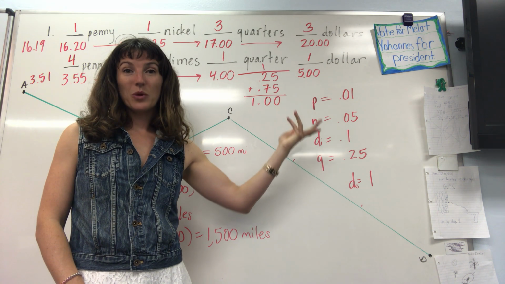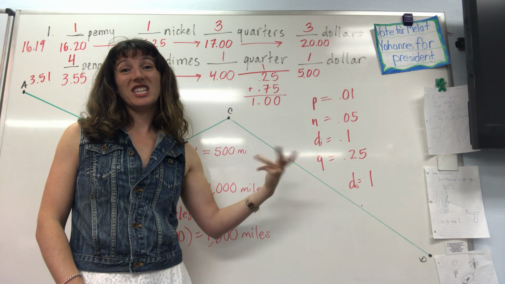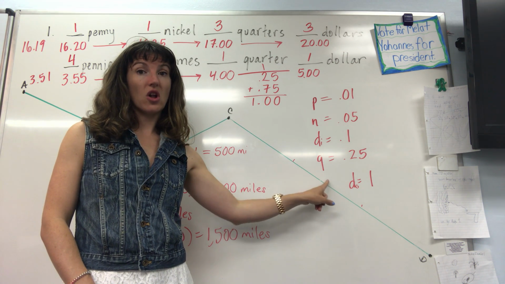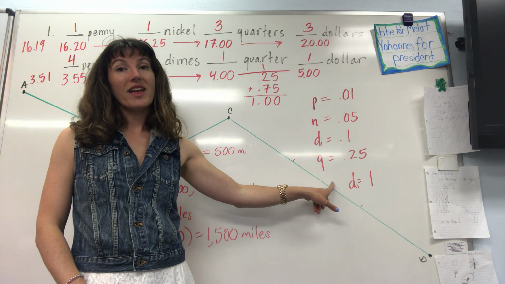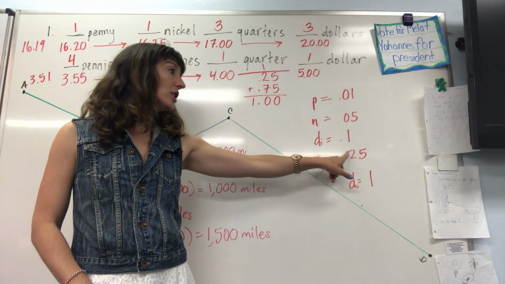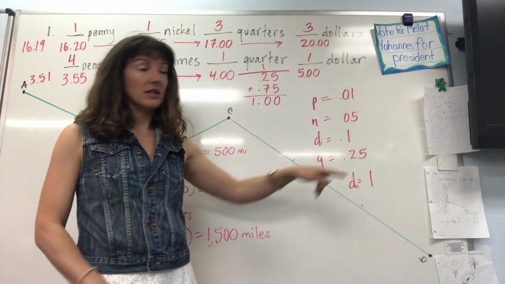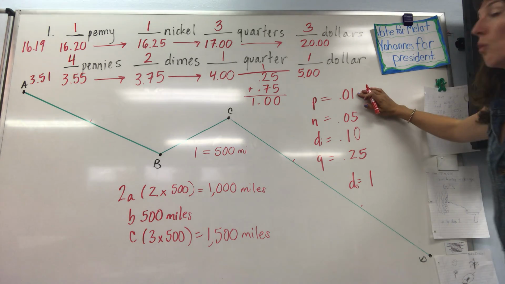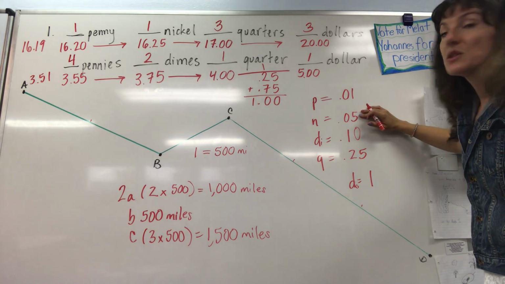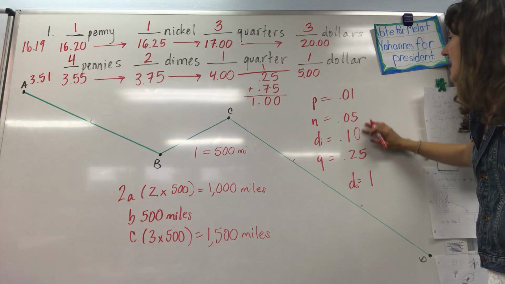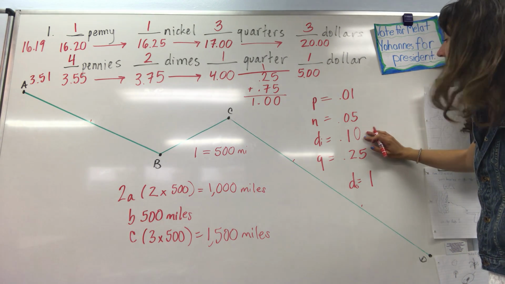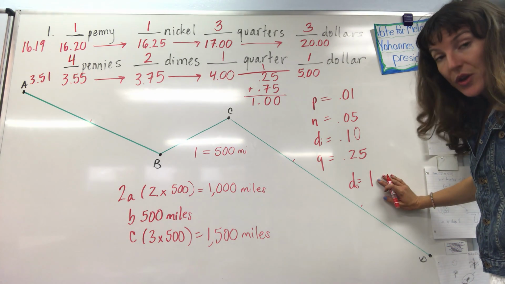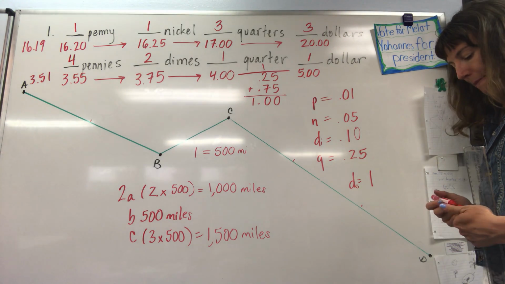We're now working in decimals because we're doing change. There are 100 cents to each dollar, and hundredths only go 2 numbers after the decimal point. So the penny is worth 1 hundredth, the nickel is worth 5 hundredths, the dime is worth 10 hundredths, the quarter is worth 25 hundredths, and the dollar is 1 whole, okay?